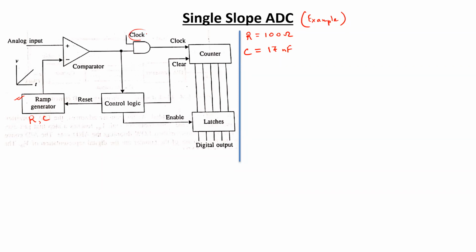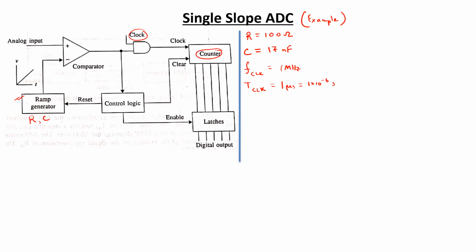The clock pulse that is provided to the counter, let's say its frequency is 1 megahertz. So its time period should be just the reciprocal of this, so 1 microsecond, or you can say 10 to the power minus 6 seconds.